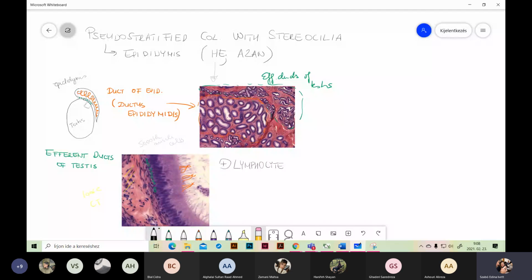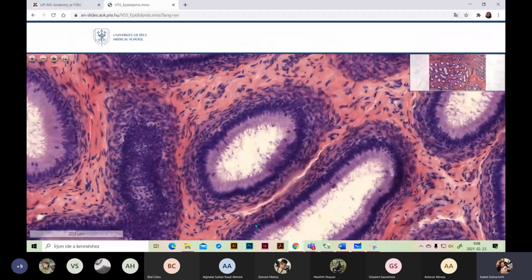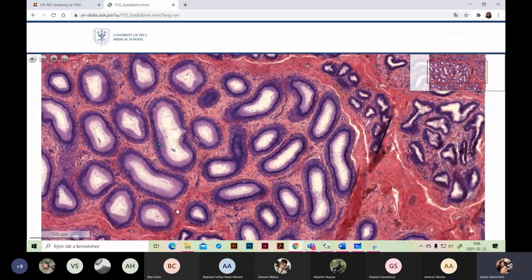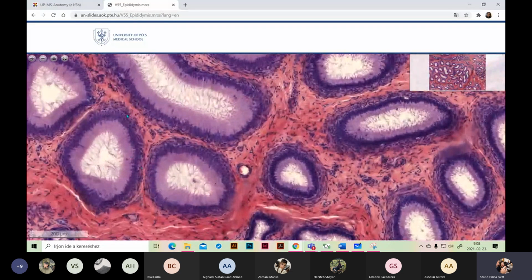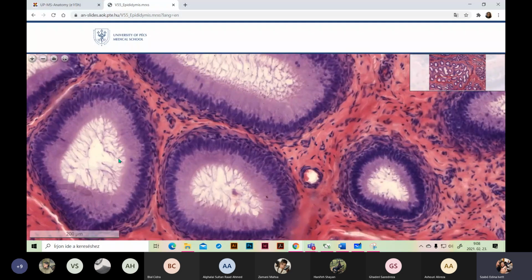Okay, let's see this slide. Okay, please tell me which type of duct is this? The nice or an ugly? Abnormal, ugly. This is an ugly.